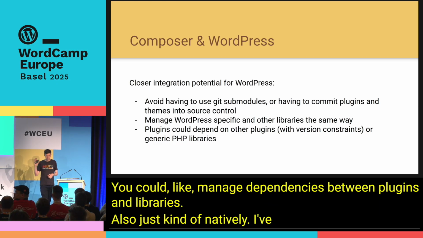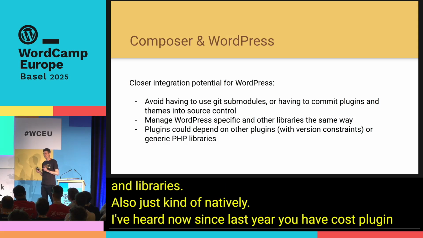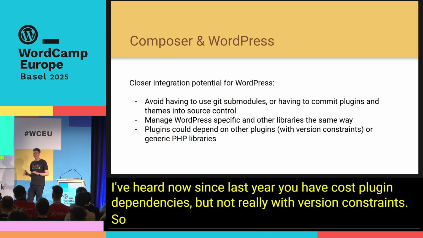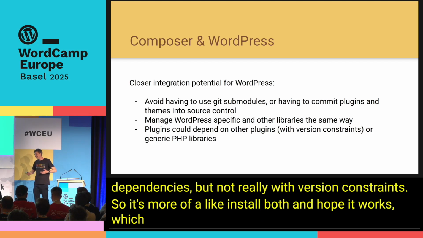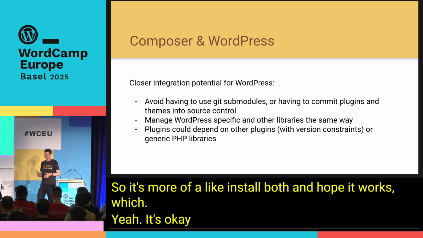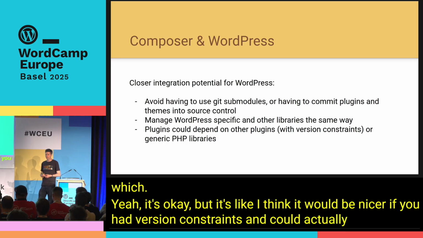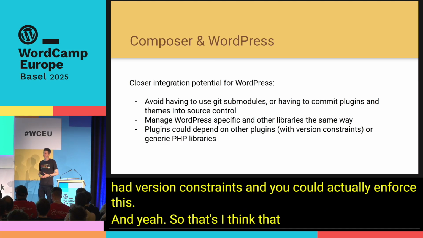I've heard that since last year you have cross-plugin dependencies, but not really with version constraints. So it's more of an install both and hope it works, which is okay, but I think it would be nicer if you had version constraints and you could actually enforce this. I think that would be the main benefit.